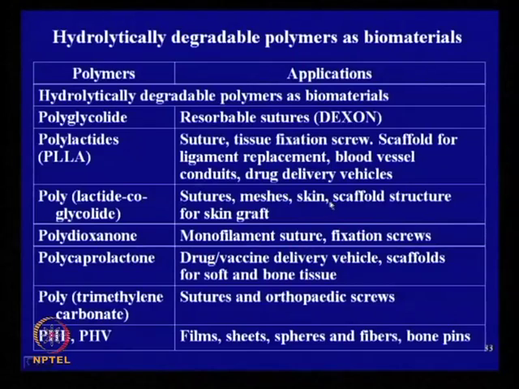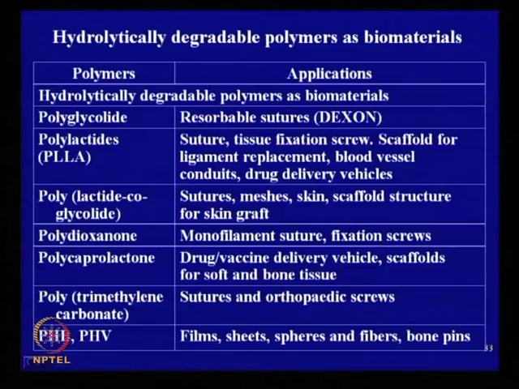meshes, skin scaffold structure or even skin graft. Polydioxanone monofilament suture, fixation screws are made from this polymer. You have seen the photograph of the screws used for bone fixation. Polycaprolactone is a good biomedical polymer, although it is a little expensive. This is used in drug delivery, vaccine delivery vehicles, scaffolds for soft and bone tissues.